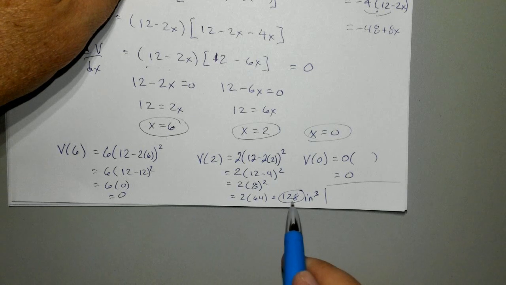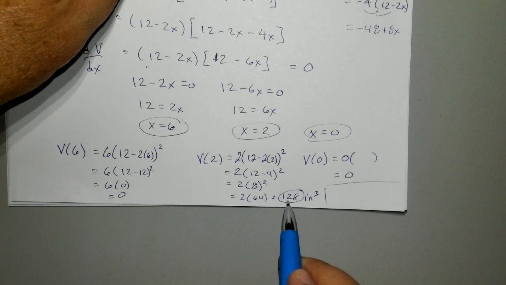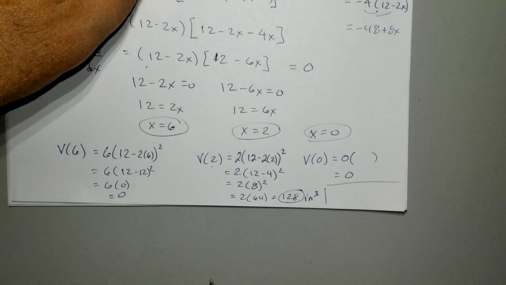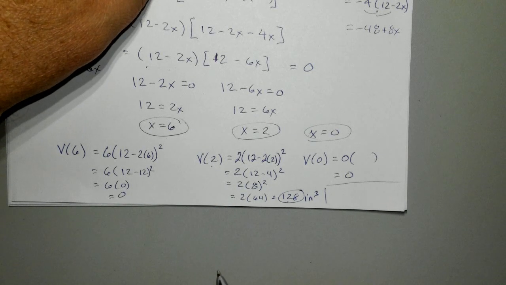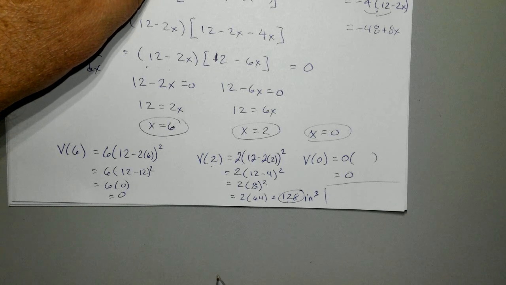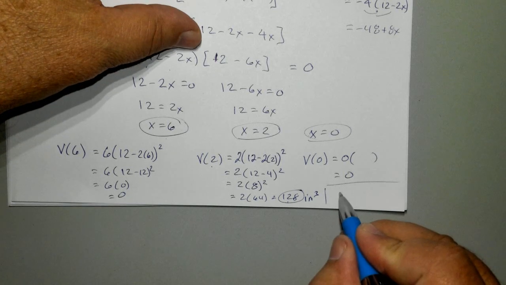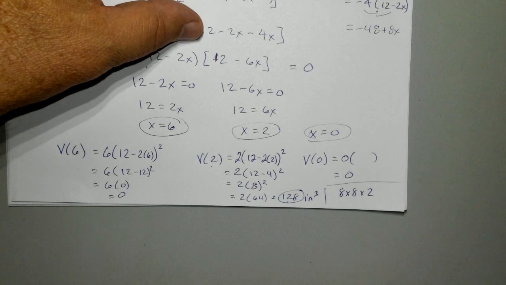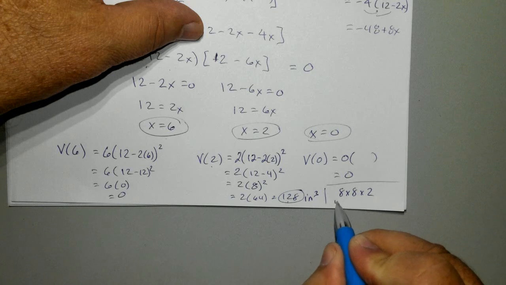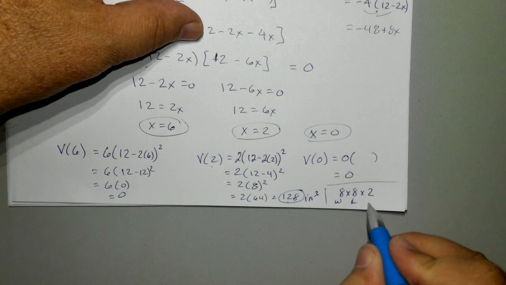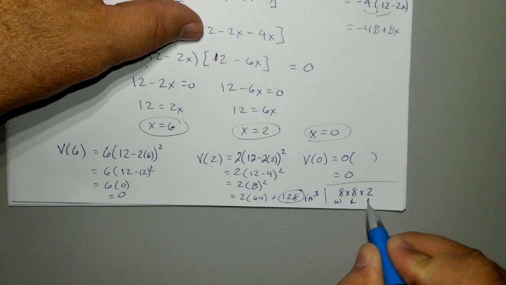We know the optimal volume is 128 cubic inches when x equals 2. So what are my dimensions of my box? 8 inches by 8 inches by 2 inches. 8 inches wide, 8 inches long, and 2 inches high.